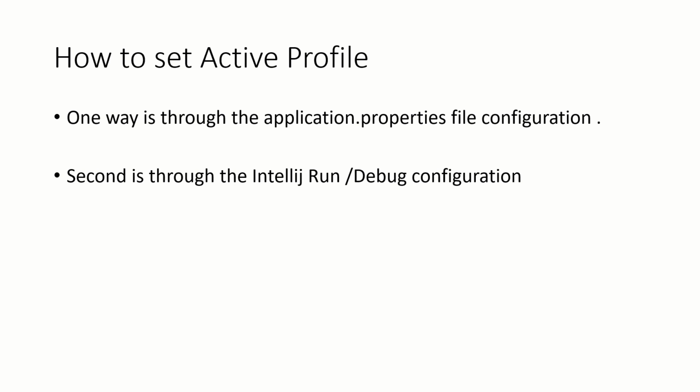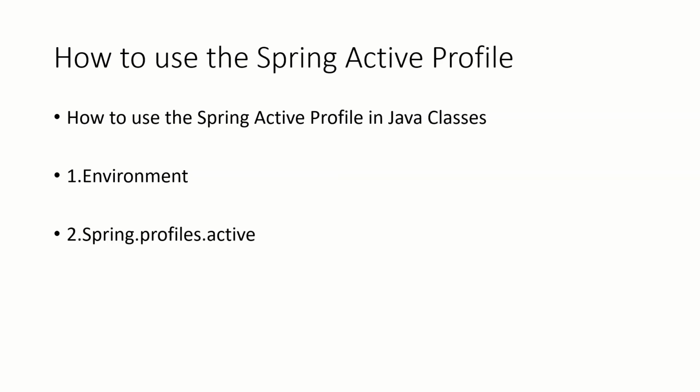One way is to set it through the application properties files, and the second one is, if you're using IntelliJ, there is an option of run or debug configuration. Through that also you can set the active profiles. Again, how we can use the Spring active profiles in the Java classes, those things also we are going to see. So there are two options available for this.